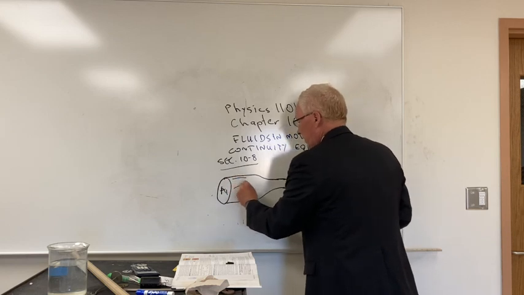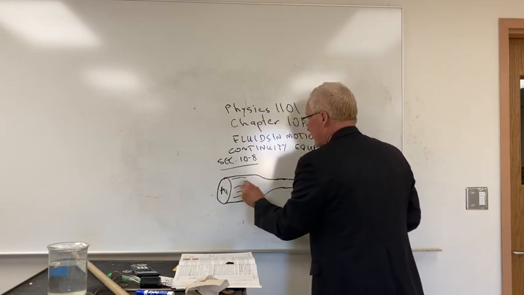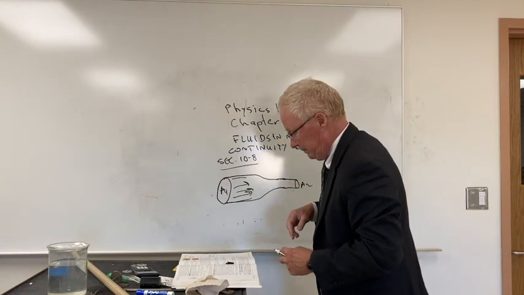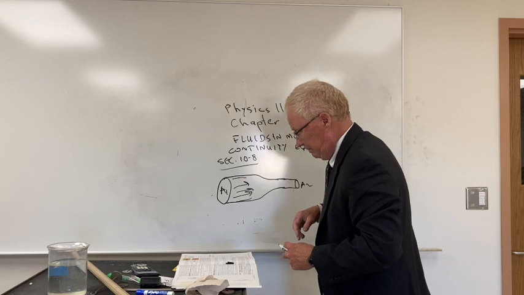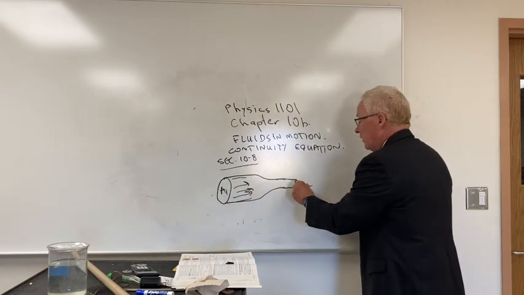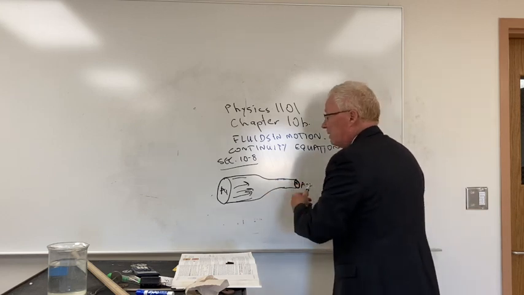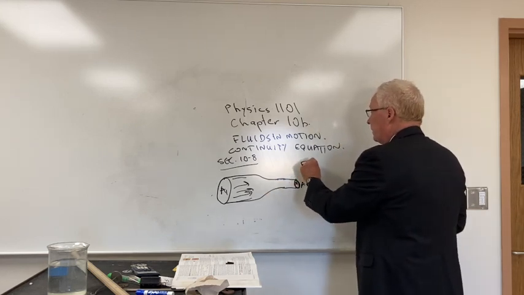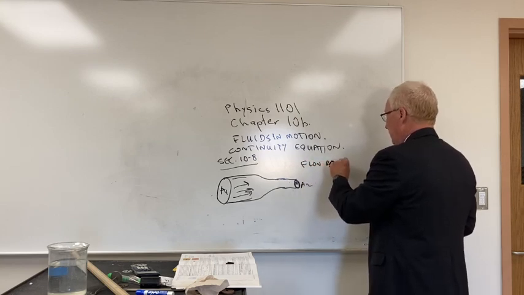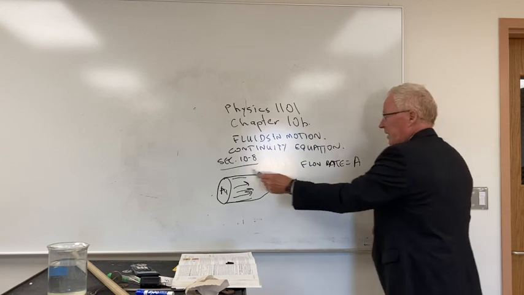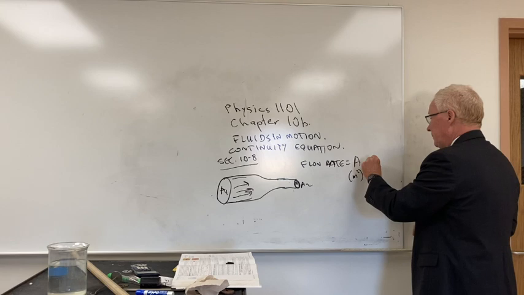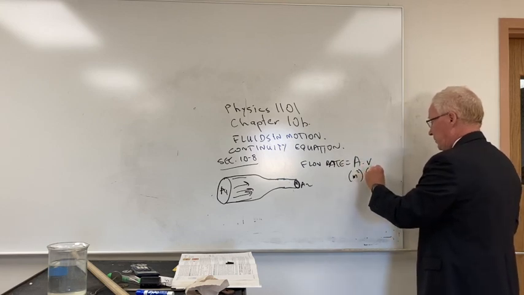and we have a liquid coming in, there's a certain amount of volume. This volume coming in here has to come out here. So if this is a smaller area, we think of the flow rate as the cross-sectional area, in meters squared, times the speed or velocity in meters per second.